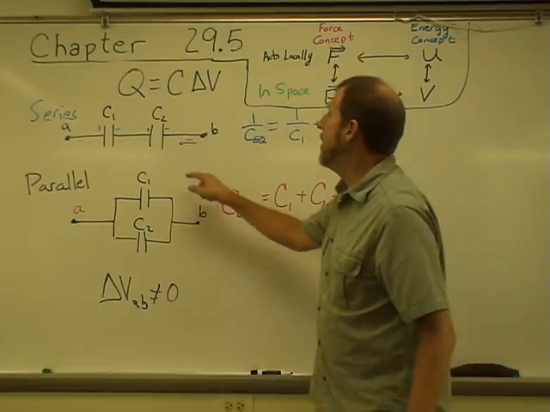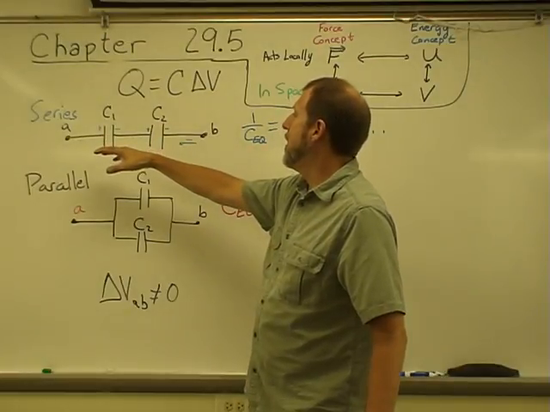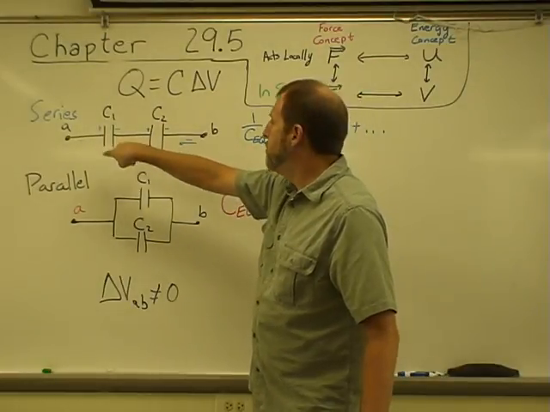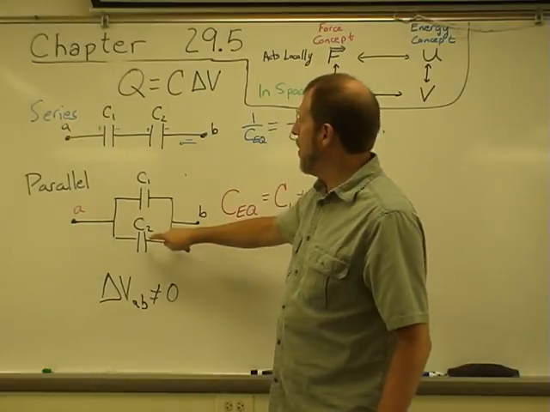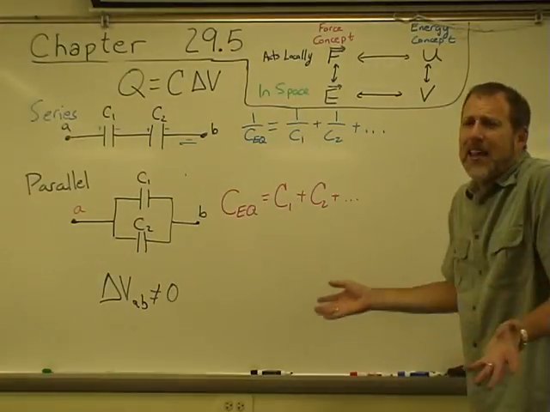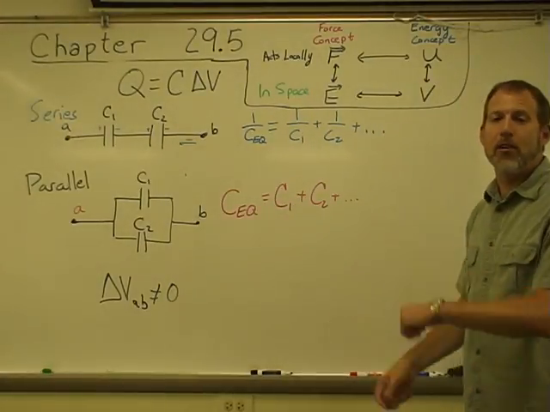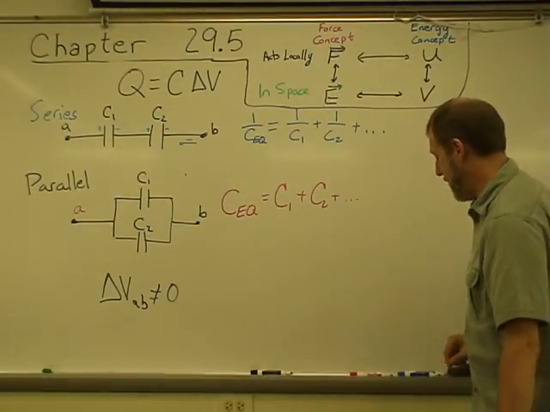As electrons go through this path, they've got to deal with both of those capacitors. In the parallel case, an electron can be stored on either capacitor. So if C1 looks full, it can go and get stored on C2. So here, the capacitance is the highest it would ever be.